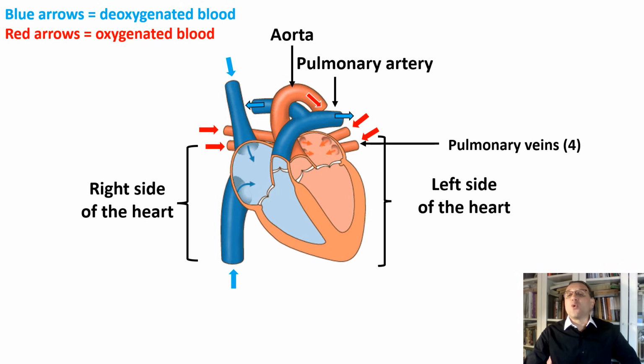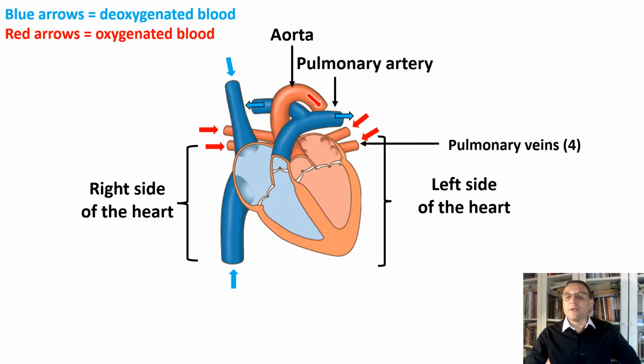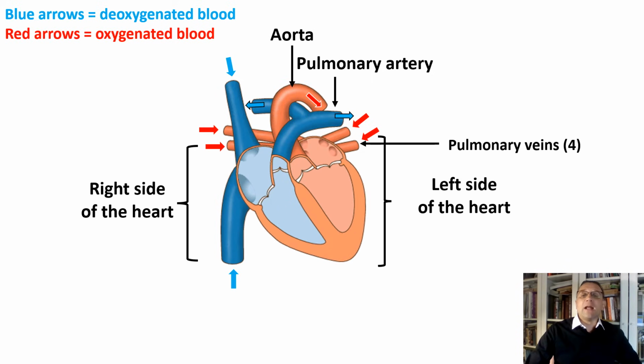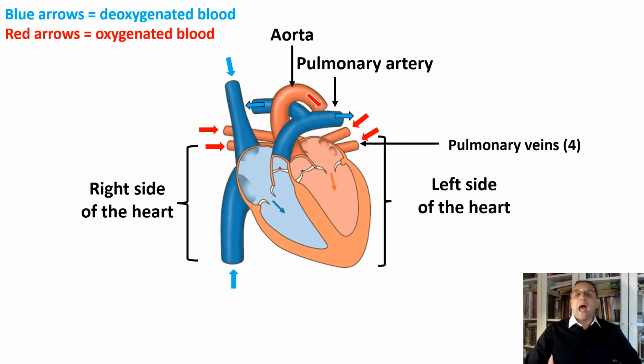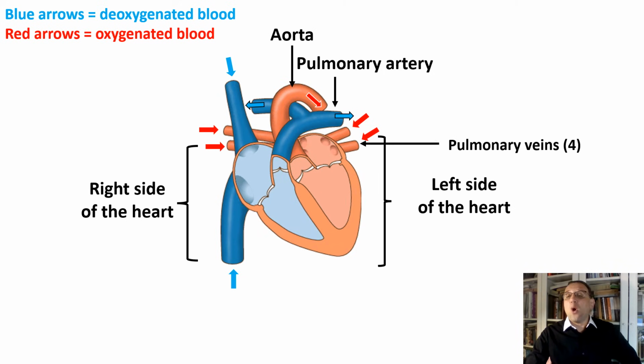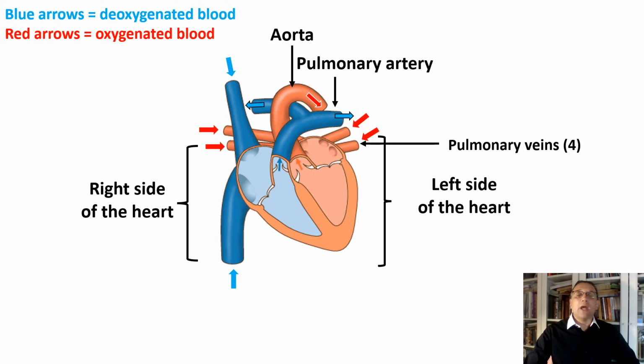As you remember, we call it the pulmonary circuit. Then oxygenated blood returns from the lungs, enters the left heart, and is pumped via the aorta to the body, or as we call it, the systemic circuit. The aorta is the largest artery in the body.